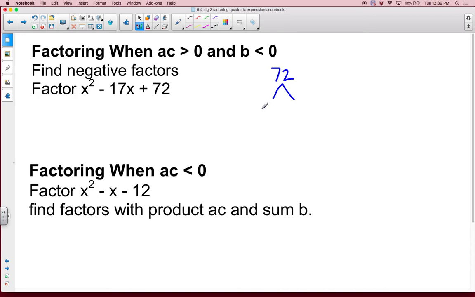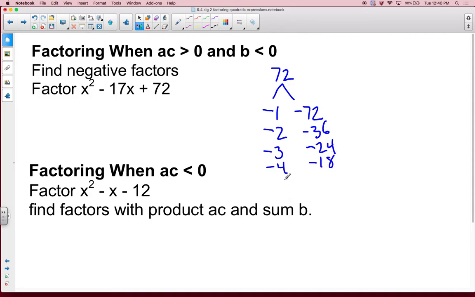So you can just start by writing some factors that multiply to positive 72. Negative 1 and negative 72, negative 2 and negative 36, negative 3 and negative 24, negative 4 and negative 18. Let's see what else.